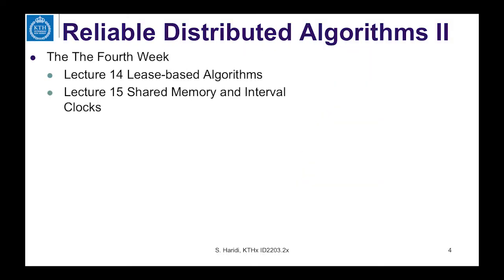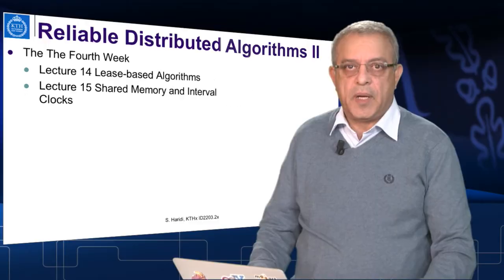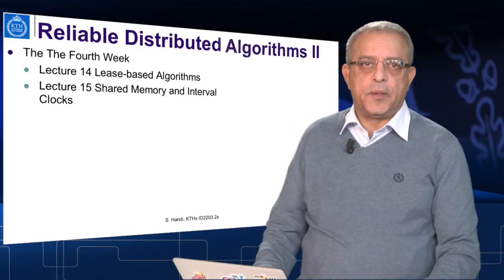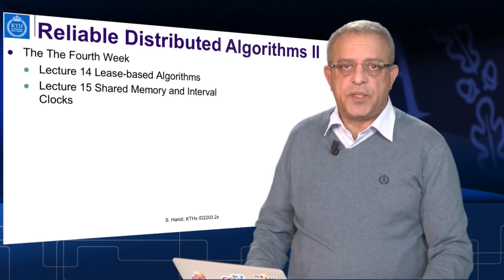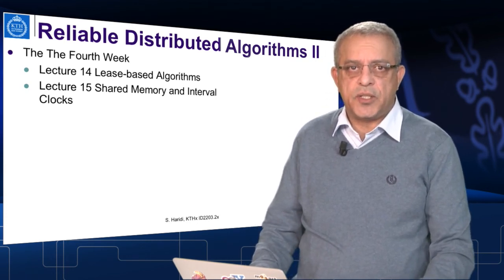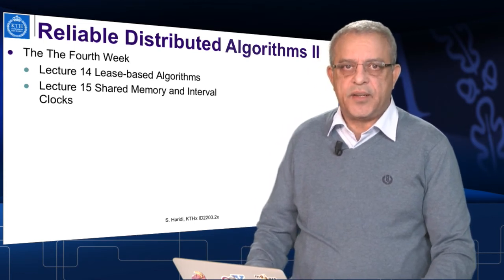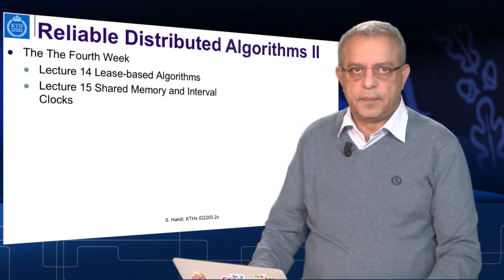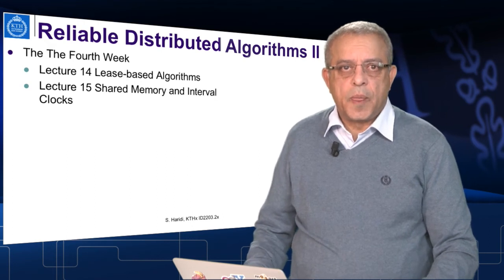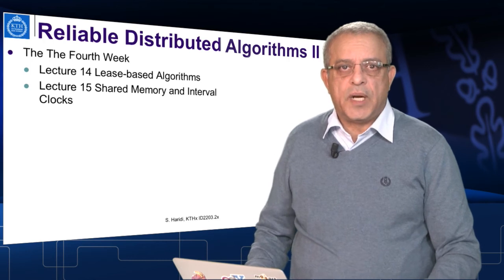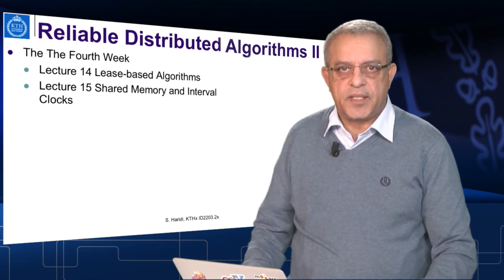In the fourth week, we cover some distributed algorithms that use time and physical clocks. It turns out that we can develop more efficient algorithms for some distributed abstractions by using local physical clocks in the asynchronous model. And sometimes we achieve certain properties that are not possible to achieve in a pure asynchronous model.